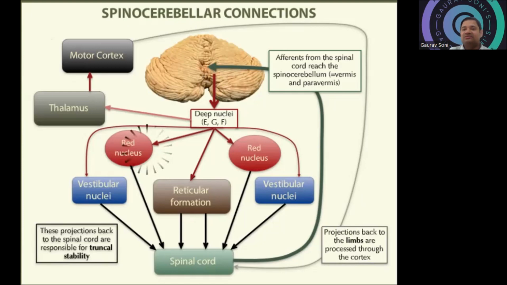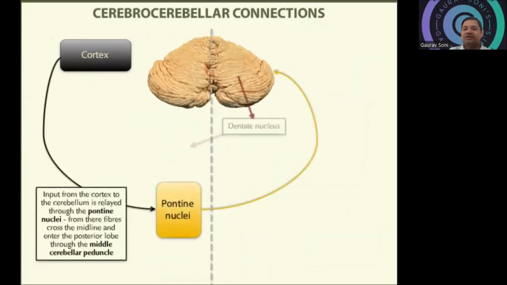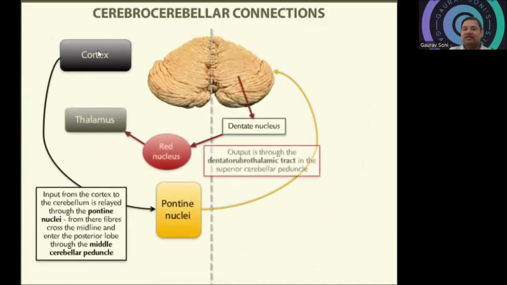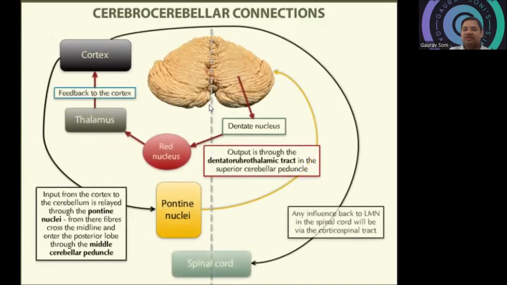Next will be the last loop, that is cerebrocerebral connections. So here the cortex, spinal. Then what will happen? Now this part will be for the coordination and streamlining of the cortex. So thalamus feeds back to the cortex. Then the input from the cortex to the cerebellum is relayed through the pontine nuclei. You can see here pontine nuclei.